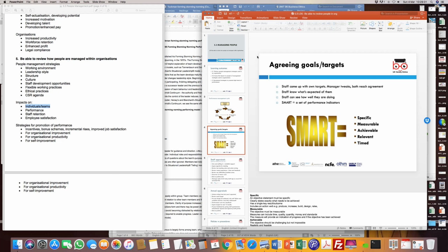Now, this is a particular technique which most managers use when they manage a few staff or employees. The idea is that you give them goals or objectives which can be classified across these 5 categories.